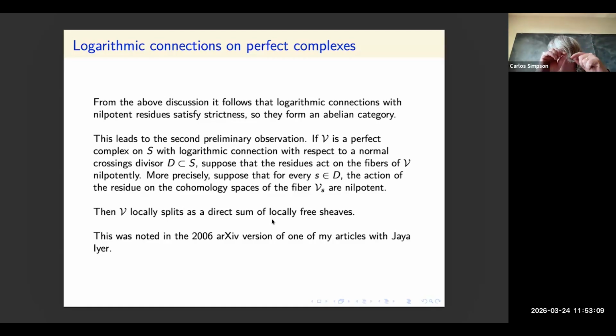But in that case, you have a differential, and it turns out that if you had a differential that was going to zero at the origin, then that would have to induce a pair of eigenvalues of the residues which would differ by an integer. So if all the eigenvalues are zero, then you can't have pairs that differ by integers, and that's the basic reason why in that case the perfect complex has to split as a direct sum of vector bundles.